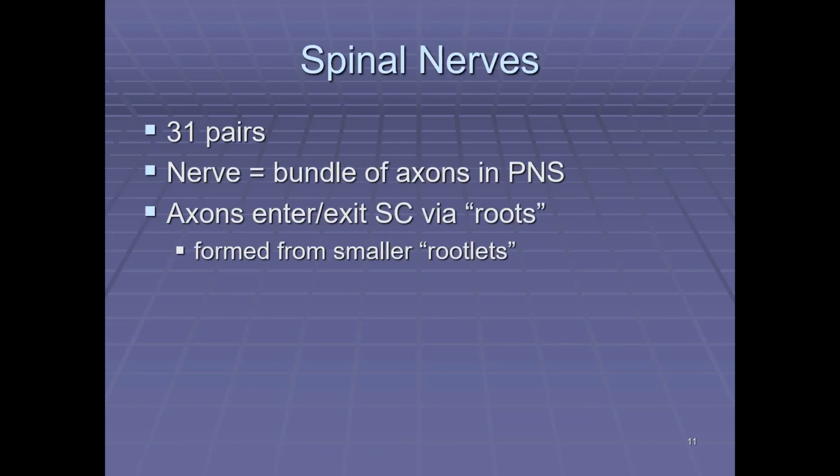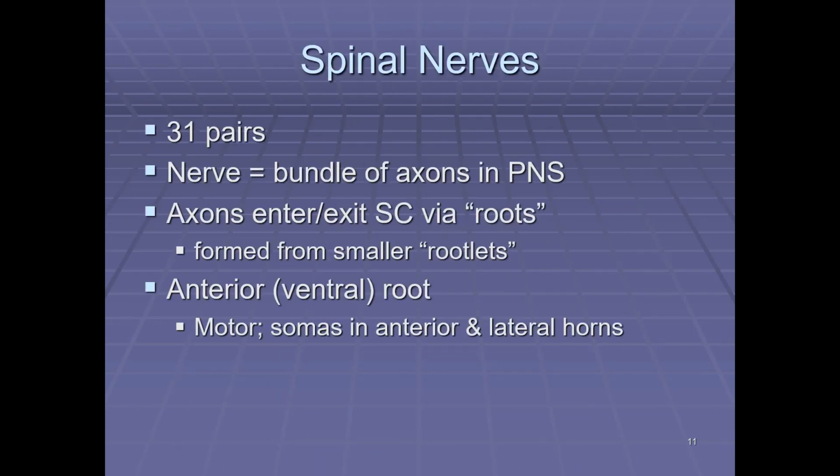All right, revisiting the spinal nerves really quick, there are 31 pairs. Remember, a nerve is just a bundle of axons in the peripheral nervous system, so the axons are bundled into nerves once they leave the spinal cord. They enter and exit the spinal cord via what we call roots, and those are formed from smaller roots called rootlets.